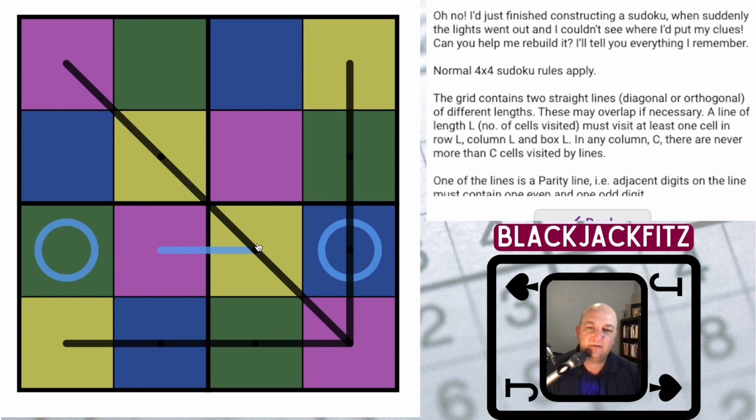Because it has to hit box 4. So it's none of those. It's nothing like that. It has to hit row 4. And it has to hit column 4. And I think that's the only way it could work.